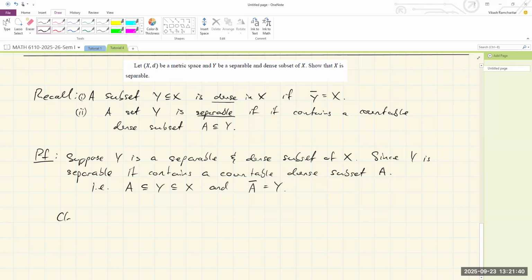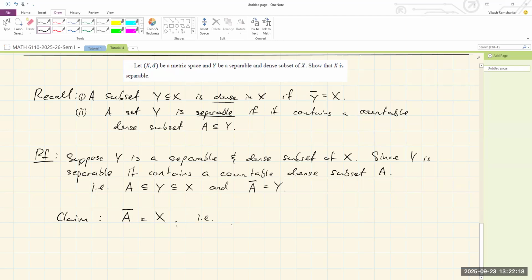So my claim here is that not only is the closure of A equal to Y, I claim that the closure of the same set A is actually equal to X. Okay, so I claim that this set A is not only a countable dense subset of Y, but it is also a countable dense subset of X. And if I could show that, then of course X will be separable, because if you are separable, you have a countable dense subset.